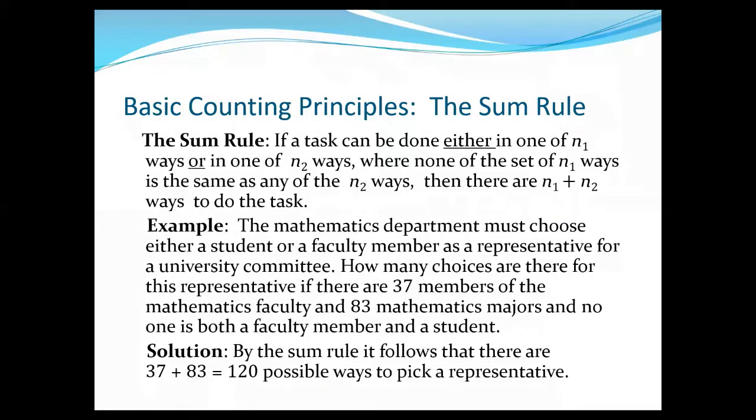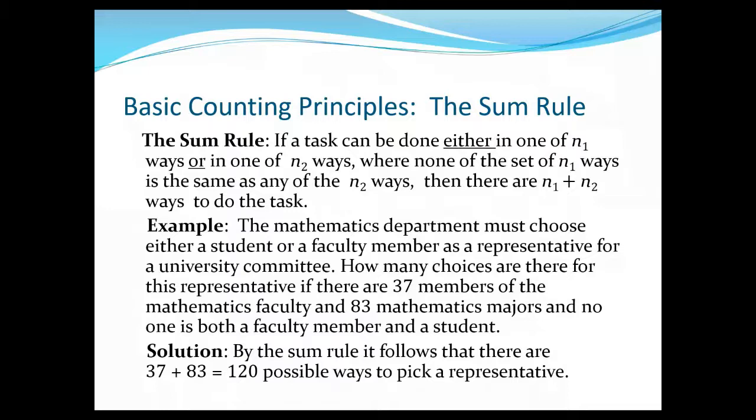So sum rule: if a task can be done either in one of n sub 1 ways or in one of n sub 2 ways, where none of the set of n sub 1 ways is the same as any of the n sub 2 ways, then there are n sub 1 plus n sub 2 ways to do the task. So basically in sum rule, we have different ways, but they are independent of each other.